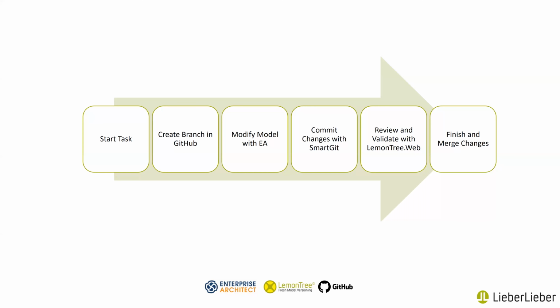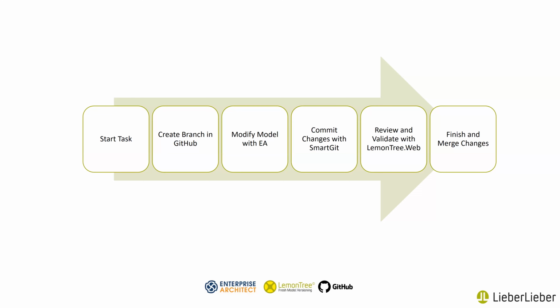And to review the changes, you actually don't need access to the local Git repository. You don't need to check out. You don't need to have LemonTree even installed locally, because with LemonTree Web, it's now much more accessible for reviewers to review the changes of the model in the browser, and the reviewing process is much more seamless and more integrated into web-based Git environments, for example.